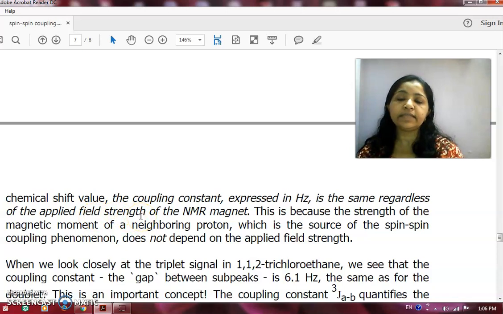I have already discussed chemical shift. What is the unit? It is ppm. But for the coupling constant, the unit is hertz.